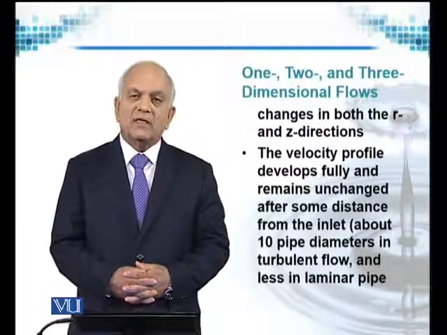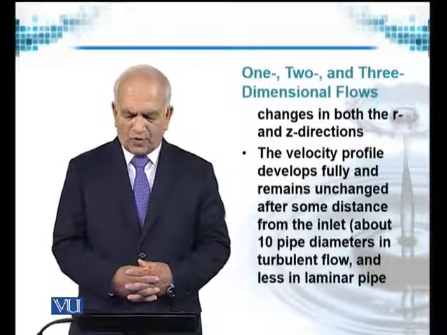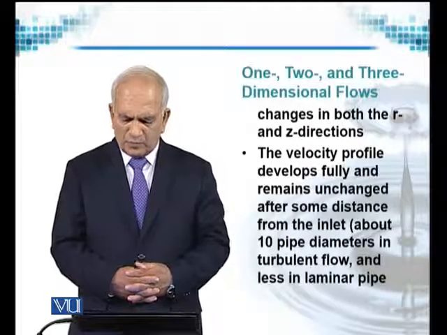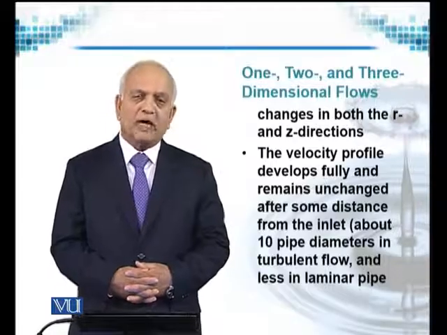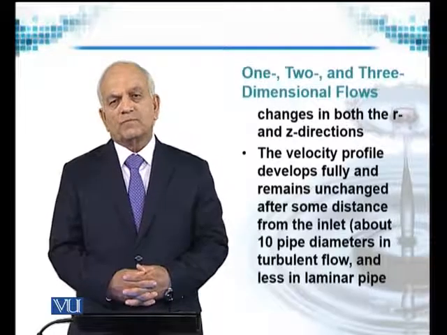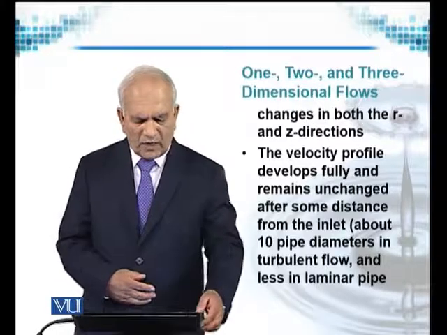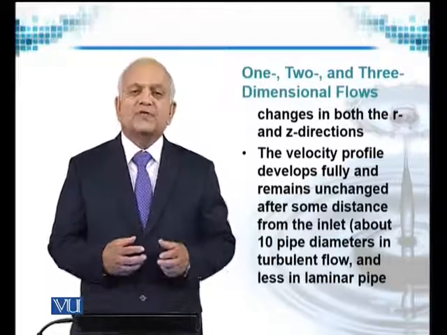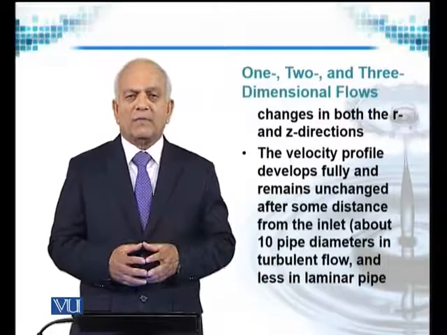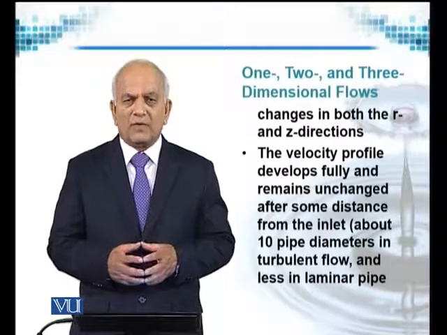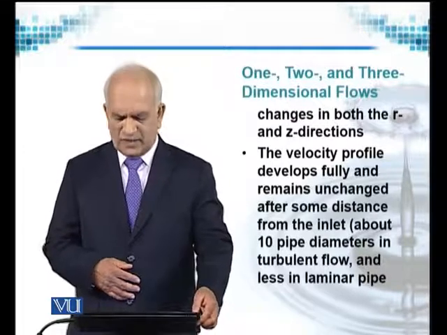However, even at that time, after a certain lapse of time, it depends on the value of r, and approximately this is equal to about 10 pipe diameters, 10 times, let's say, 2r, if r is the radius of the pipe that we are considering. This is just to make an estimate of how far from the beginning the fluid flow will develop to its complete form, and it will become laminar in its behavior.